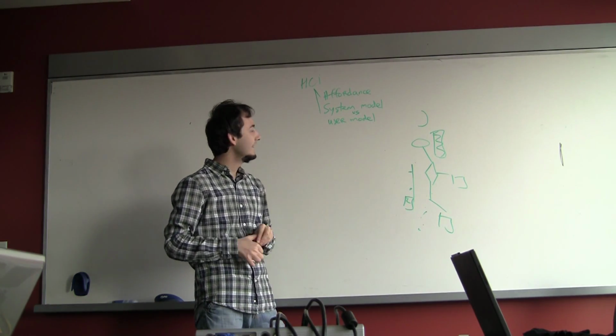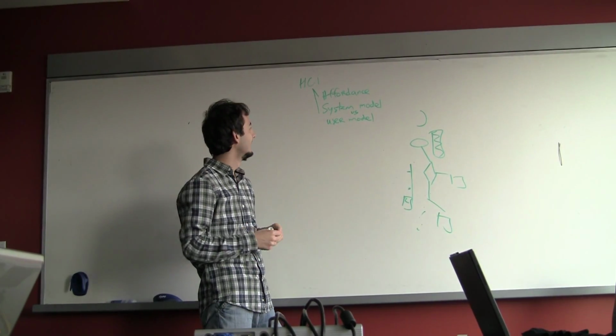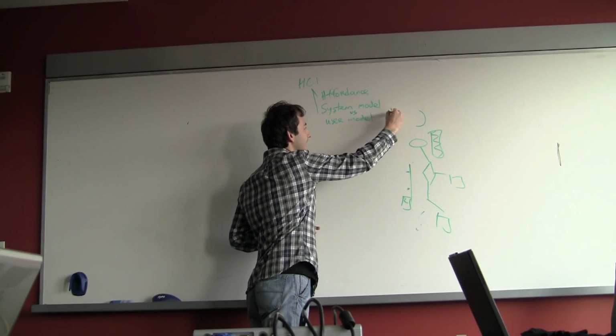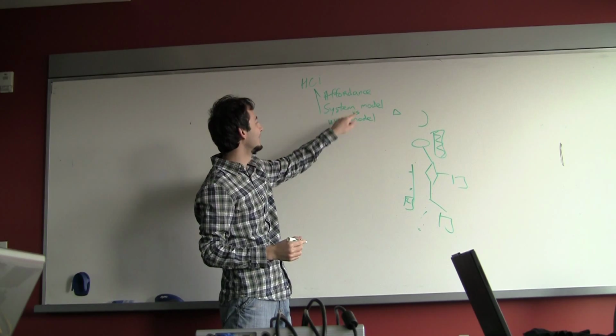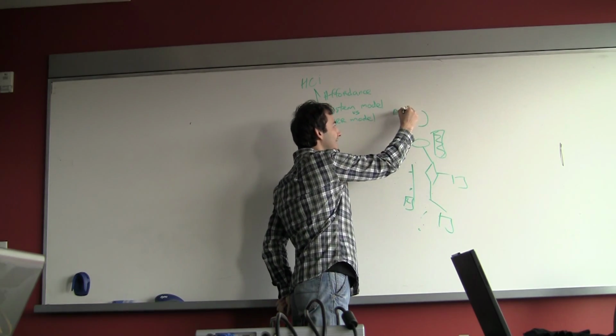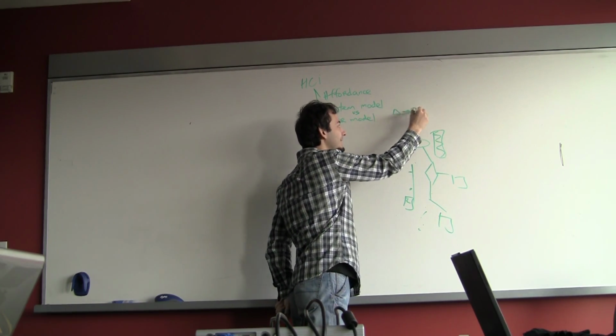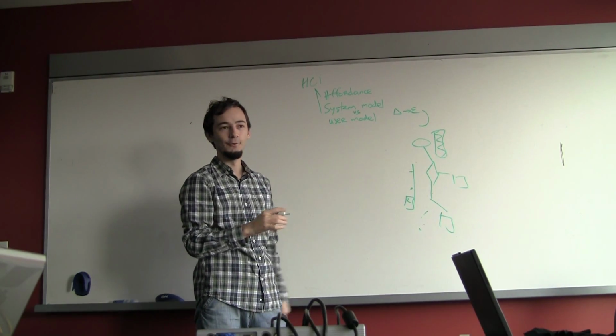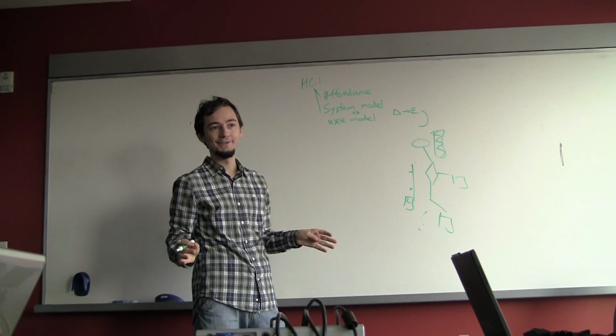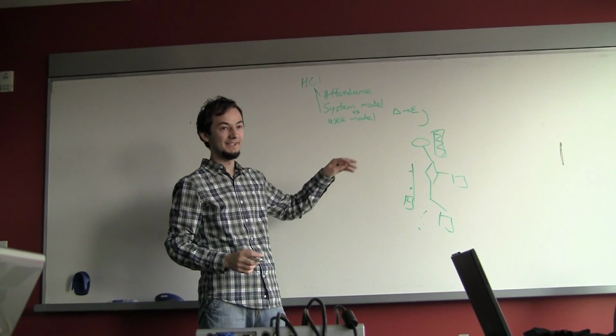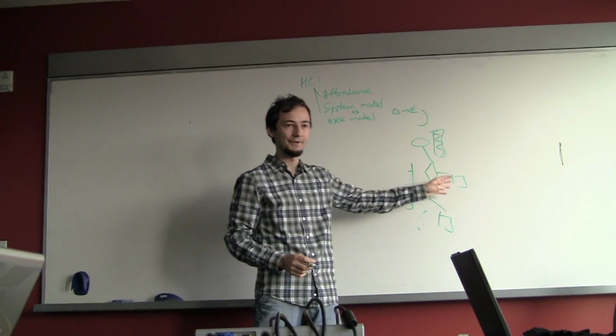So, in an ideal world, the difference between the system model and the user model must be a very, very small number. Or ideally, there should be no difference. If there is no difference, it means that people fully understand how this works.